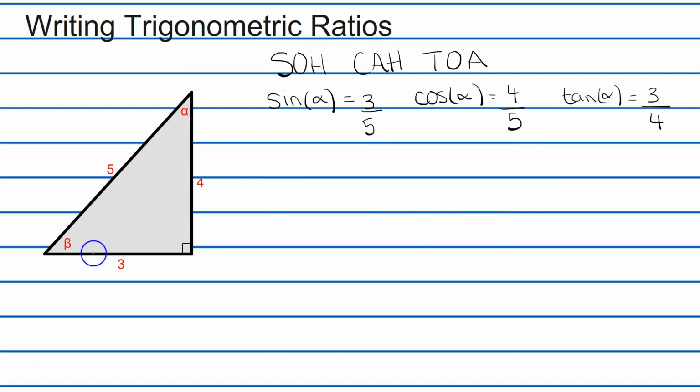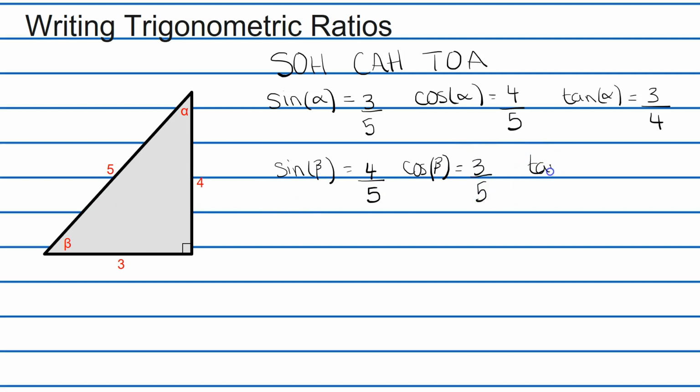Now let's do the same thing but for beta, so you can see how they switch up, how they change. So sine beta, opposite, now it's 4, and hypotenuse, which is 5 still. Then we have cosine beta, which is adjacent 3 divided by the hypotenuse, which has to be 5.